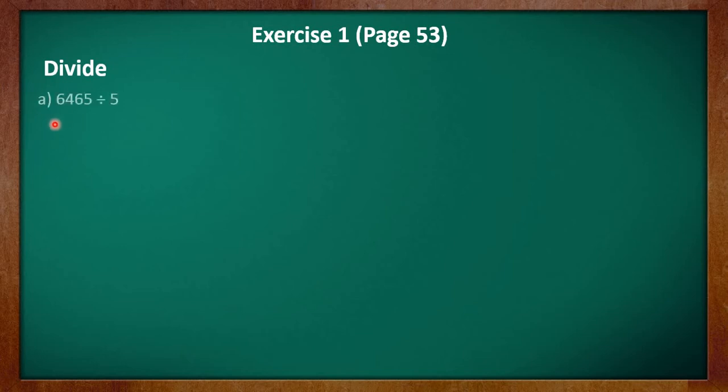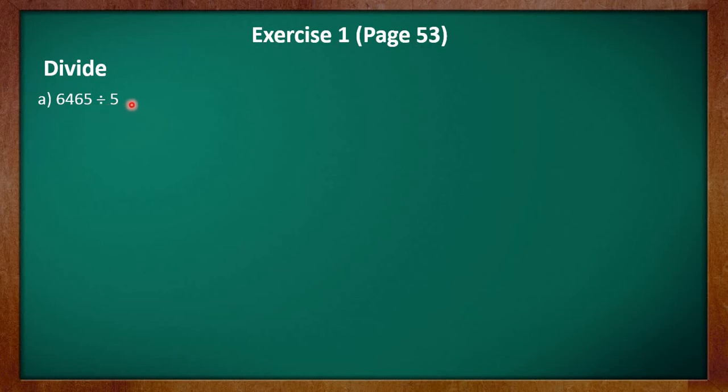Kids, let's now solve some of the questions of division from your book. Let's discuss Divide, which is exercise 1 given on page 53. We will be discussing A part of it. It says 6,465 divided by 5.